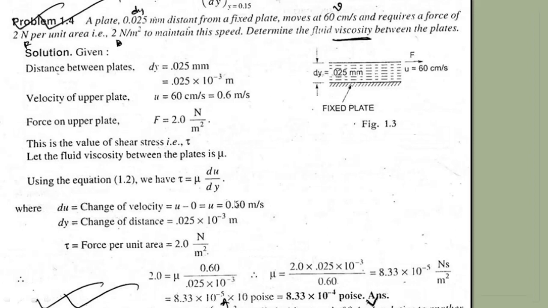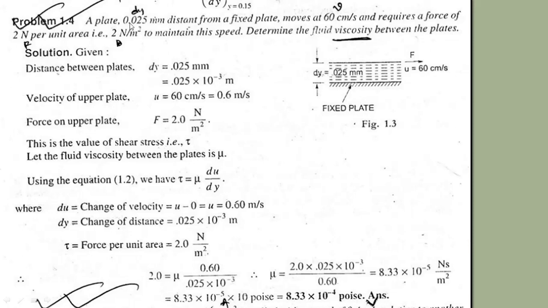Then, a plate 0.025 mm distant from a fixed plate moves at 60 centimeter per second and requires a force of 2 Newton per unit area, that is 2 Newton per meter square, to maintain this speed. Determine the fluid viscosity between the plates.